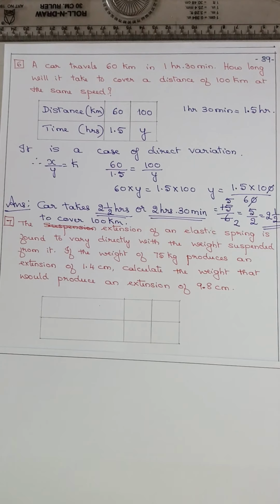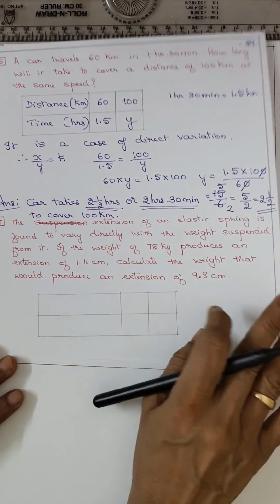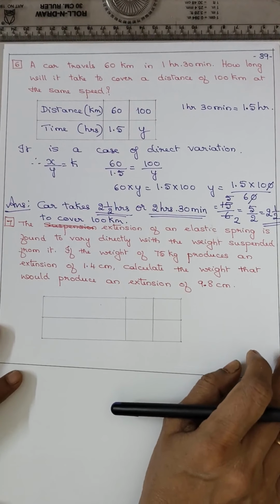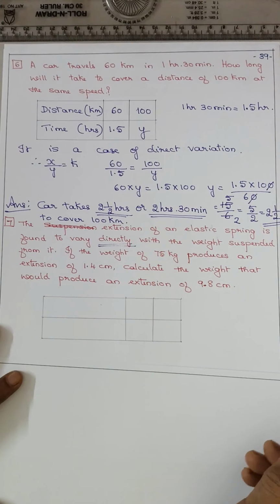तो स्प्रिंग के नीचे जो वेट लगाया जाता है, ज्यादा वेट लगाओगे तो ज्यादा वो खींचता है ना. The extension of an elastic spring is found to vary directly with the weight suspended from it.